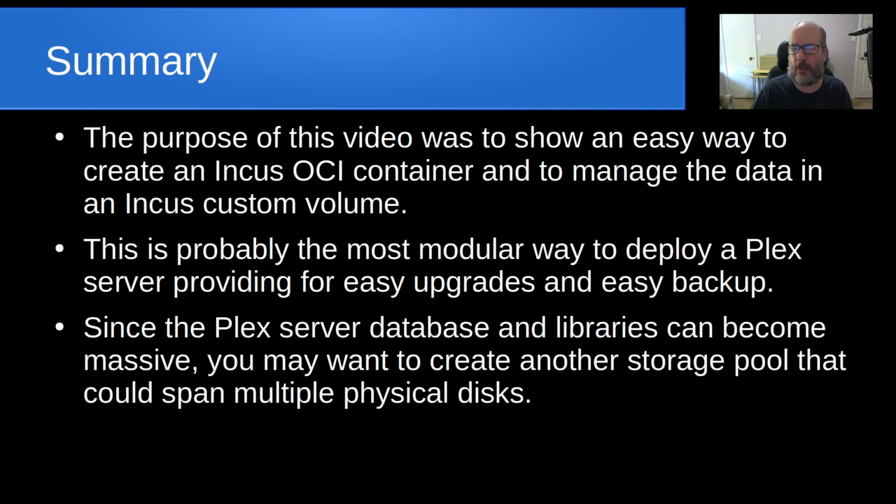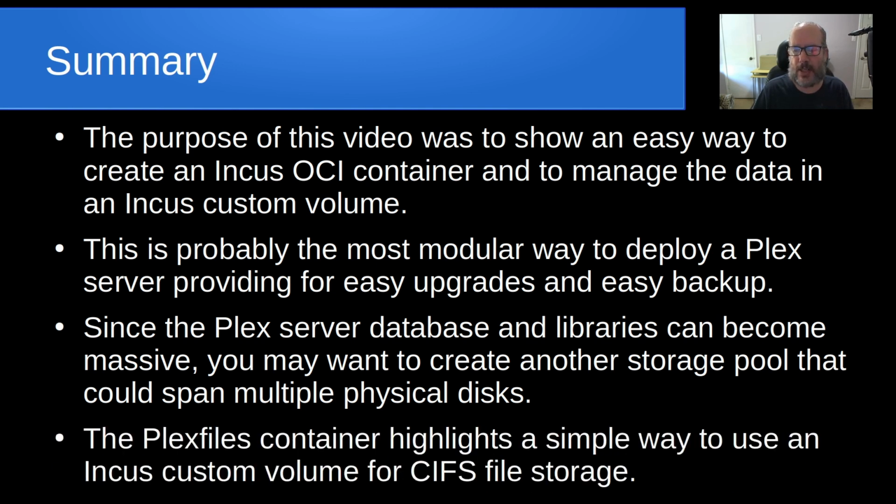And since the Plex server database and libraries can become massive, you may want to create another storage pool that could span multiple physical disks, such as a ZFS file pool on another disk or group of disks. And I encourage you to take a look at the show notes, which may have additional details beyond what I've discussed here in the video. And so the Plex Files container highlights a simple way to use an Incus custom volume for CIFS file storage.